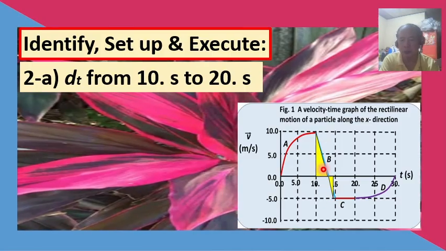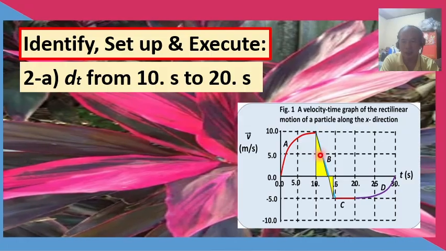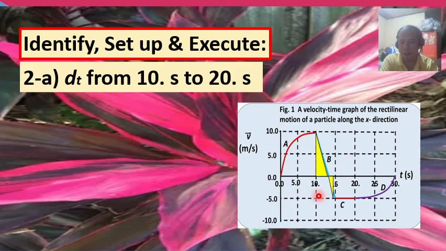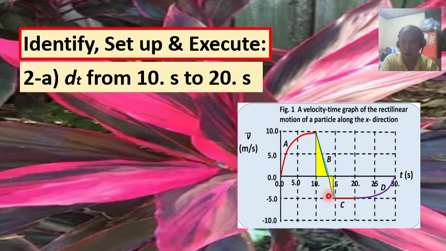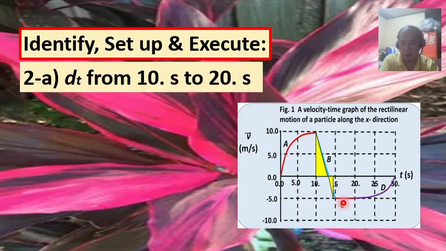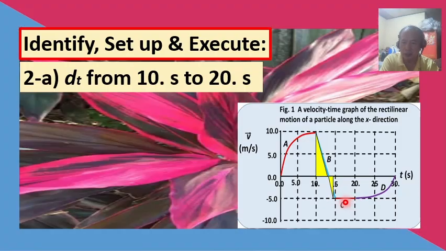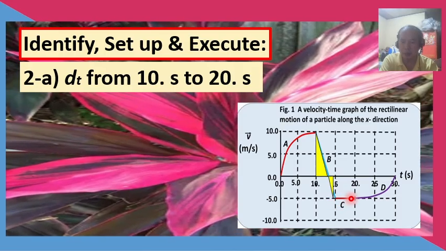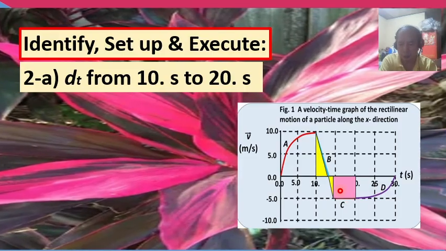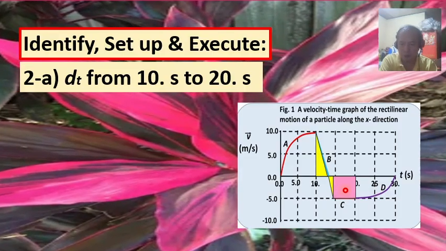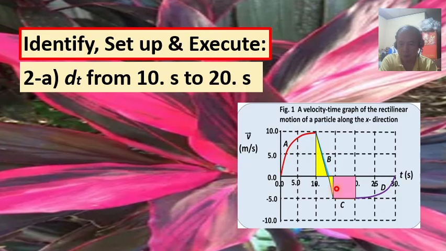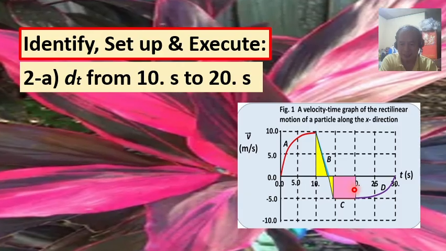So the areas of these two triangles will represent the distance covered by the particle for the time interval 10.0 seconds to 15 seconds. And for graph line C, the area that it bounds with the time axis is shaded pink here in our diagram. It represents the distance covered by the particle from 15 seconds to 20.0 seconds.